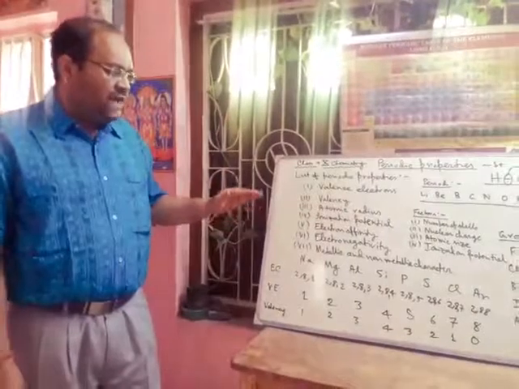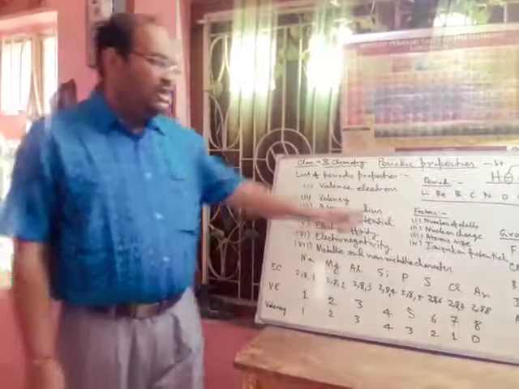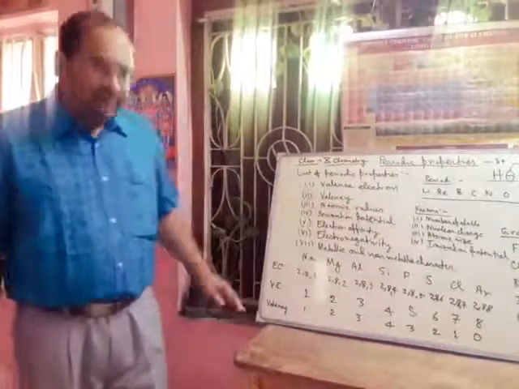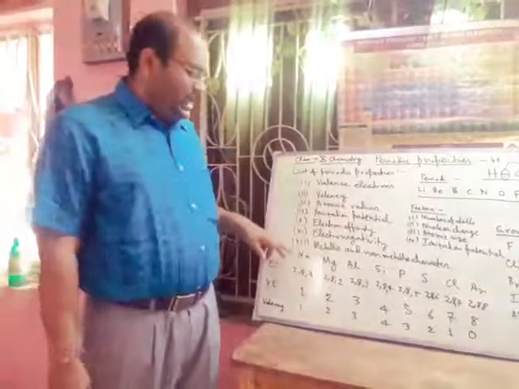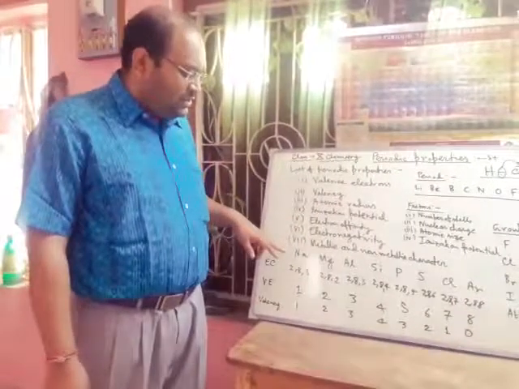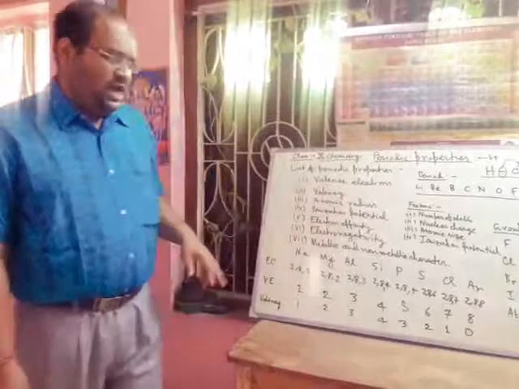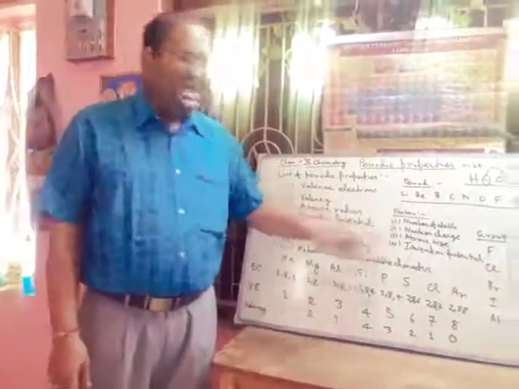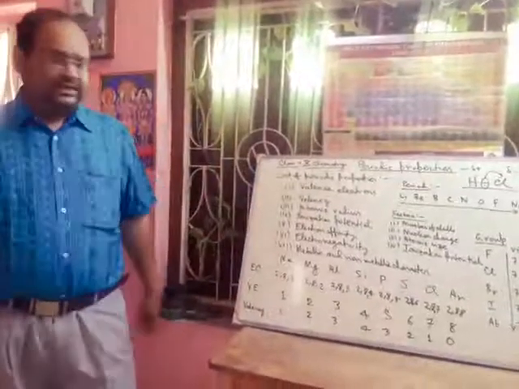This electron affinity also depends on nuclear charge and atomic size. If we increase the nuclear charge, then electron affinity also increases, and if we increase the atomic size, then electron affinity decreases.